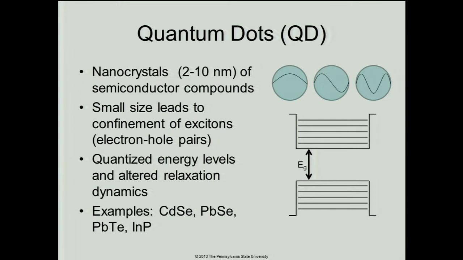So, there are some semiconductor compounds that we call nanocrystalline. Nanocrystalline are not actually quantum dots, they are semiconductor compounds. To qualify as a quantum dot, it has to be 2 nanometers. If it is between 2 and 10 nanometers, then it behaves somewhat like quantum dots, but not exactly.